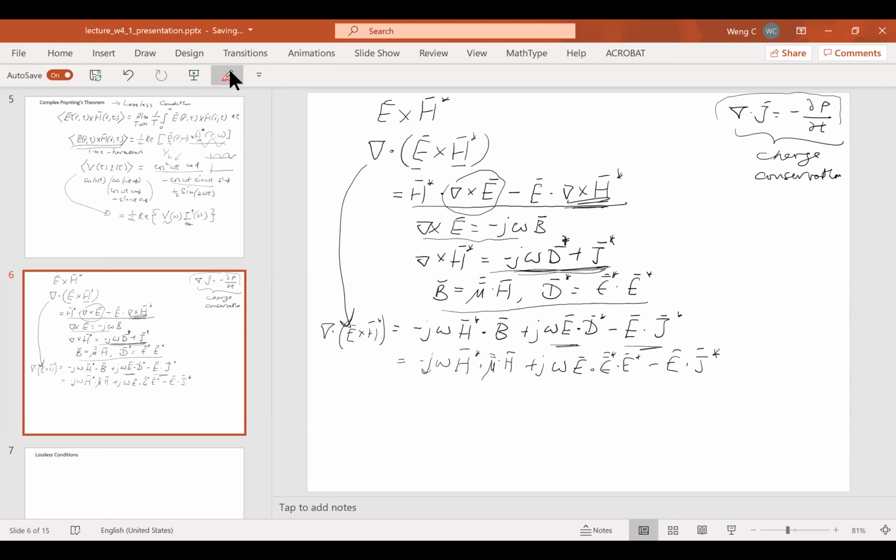is equal to this. I want to derive a conservation law, okay? And the thing I should do in the conservation law is actually to integrate this over a certain volume.